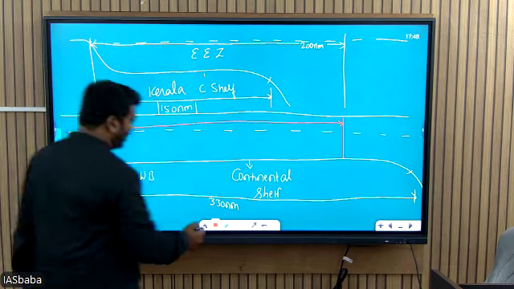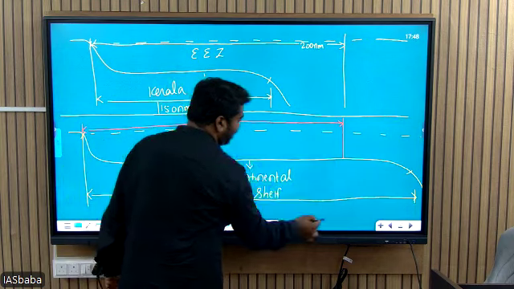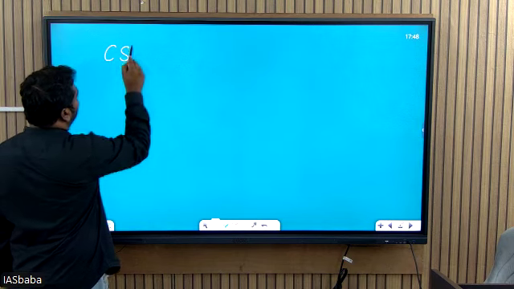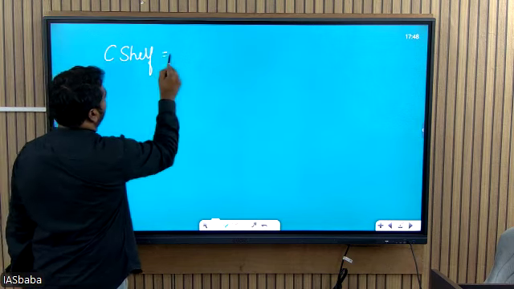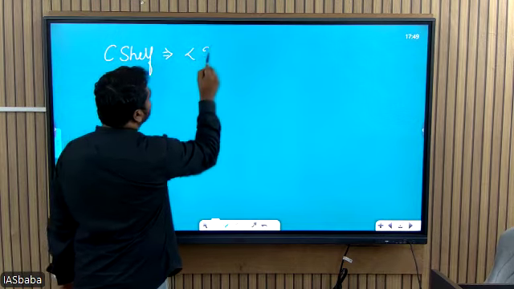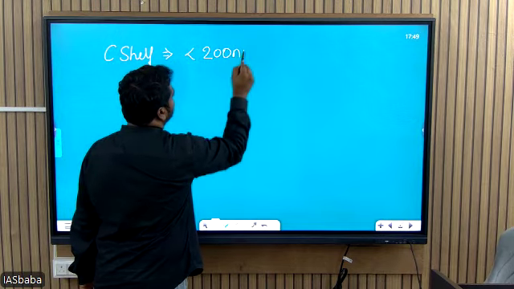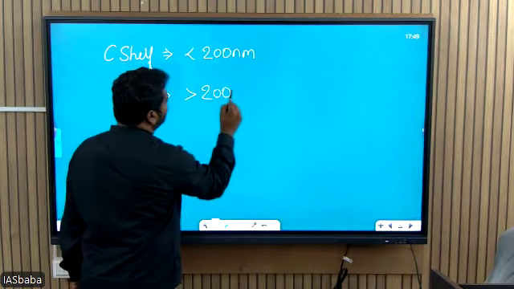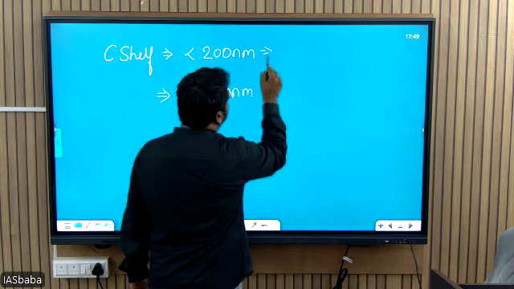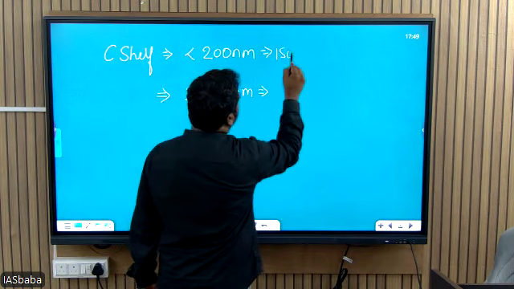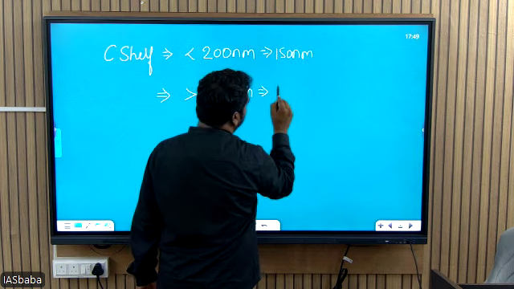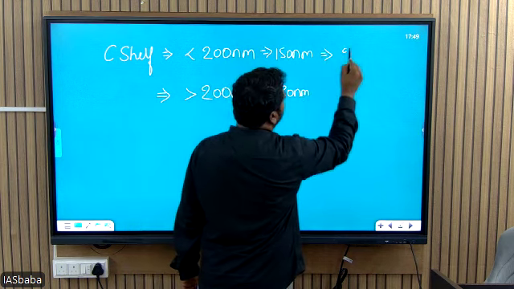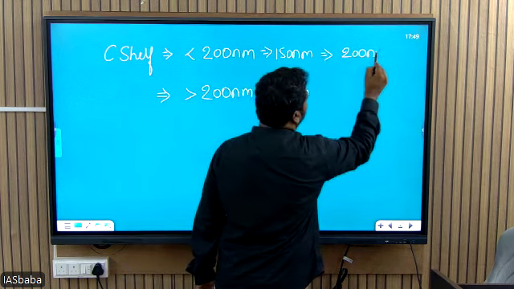So the international community decided, fine, we'll do one thing. For example, if the continental shelf is less than 200 nautical miles, or in another case, greater than 200 nautical miles. For example, if the continental shelf is 150 nautical miles, here it is 330 nautical miles, then what they told is, minimum 200 nautical miles will be given to you.